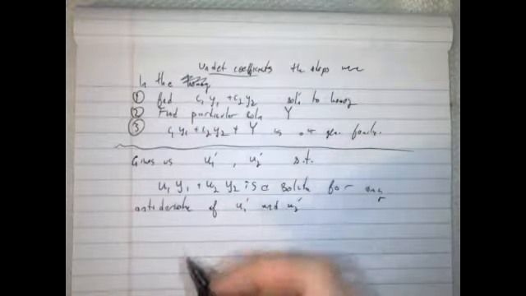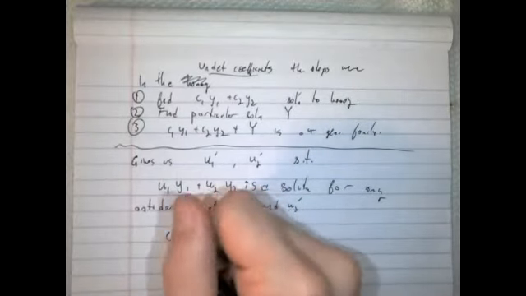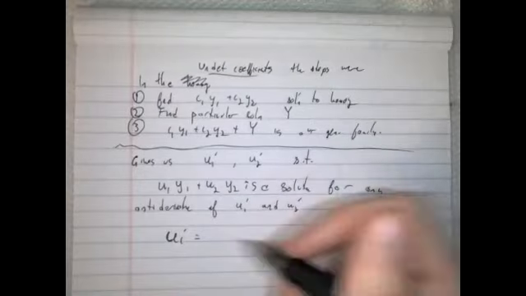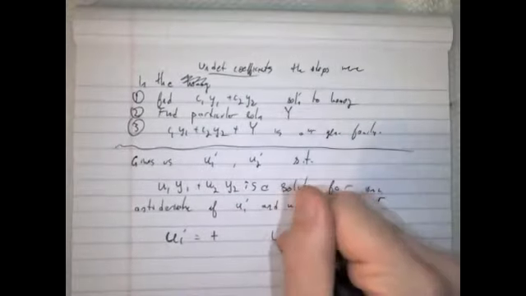So for instance, let's say u1 prime was equal to, I don't know, t, and u2 prime was equal to t squared.